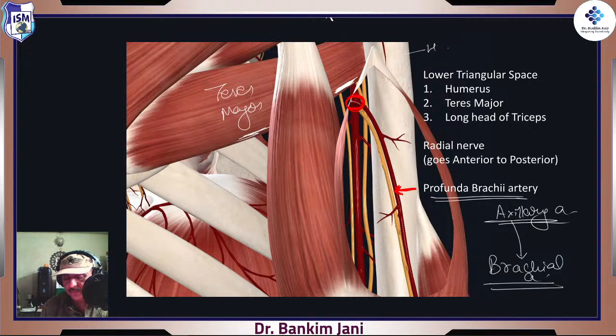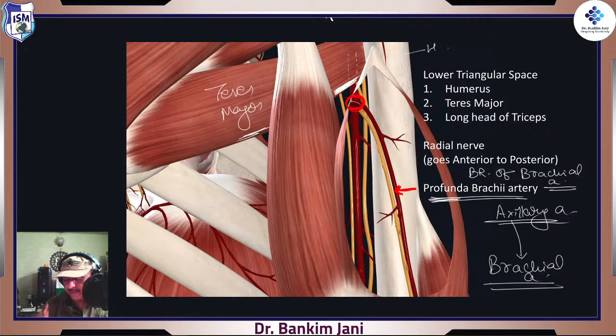That is the lower border of teres major as it crosses. So anything before that is axillary, and after that it is brachial. So this is where we'll say that profunda brachii is a branch of the brachial artery.